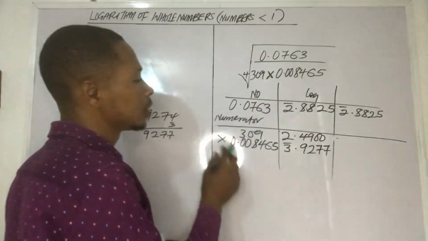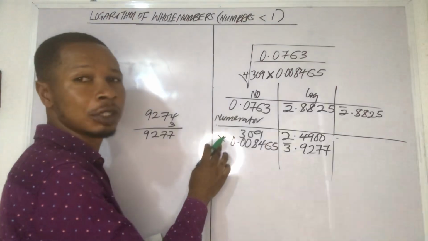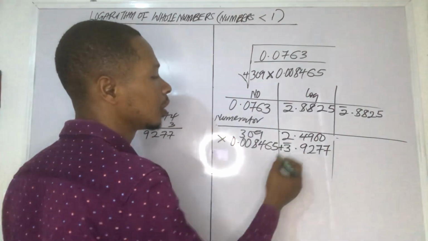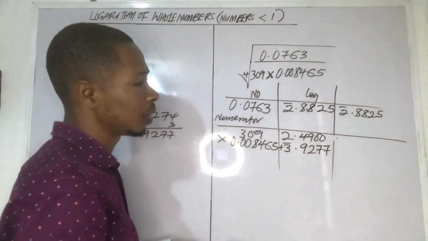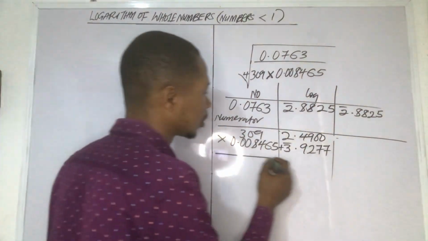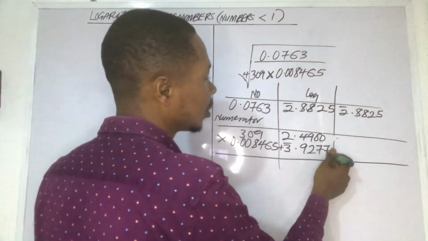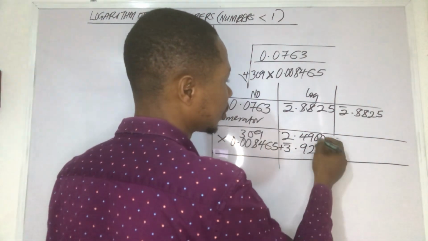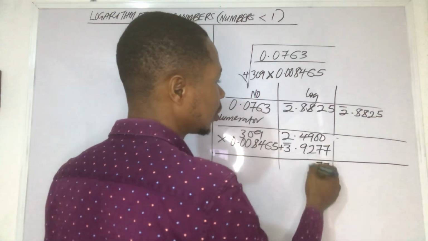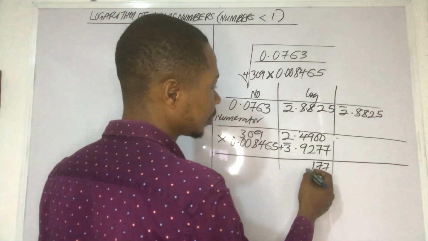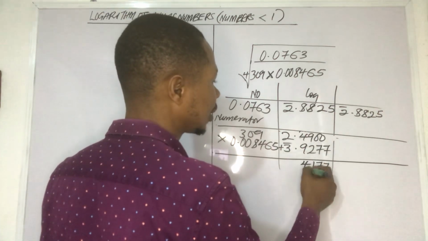Since between this number and this number I have multiplication, I'm multiplying the two numbers together, so I'm going to add their logs in this case. You should be familiar with that by now. If I add, this plus this will give me 7. This is another 7. You have 11, that's 1 carried. 5 here, that's 14. 4, I take 1.